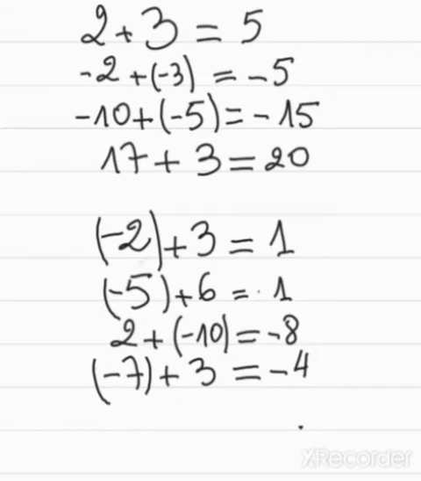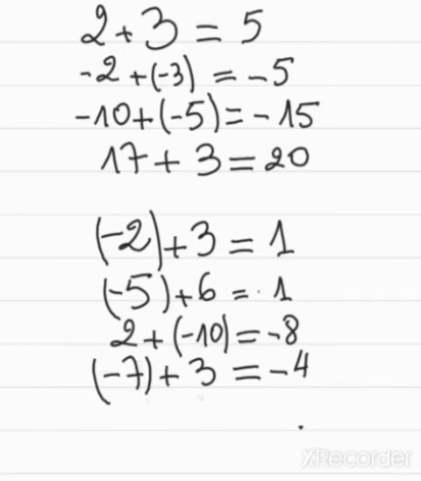Here I lost 2 and then won 3. I'm left with 1. I lost 5 and then won 6. It's like a plus 1. Winning 2 and then losing 10 is like losing 8, because you won first, but you lost more.